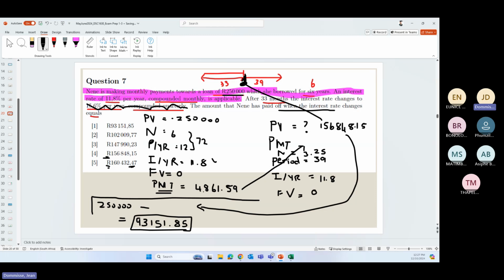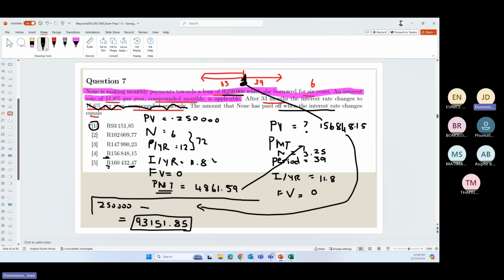But the component of the loan that I actually have paid off is only 93,151.85. So again, that we got from multiplying that by 33, that we got to work out the present value, and the final answer we got by doing all the steps.